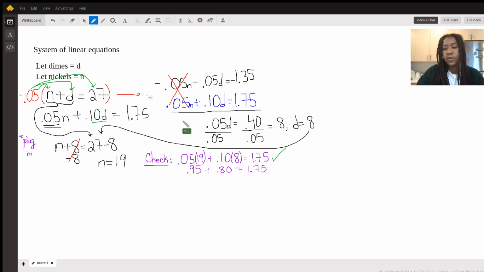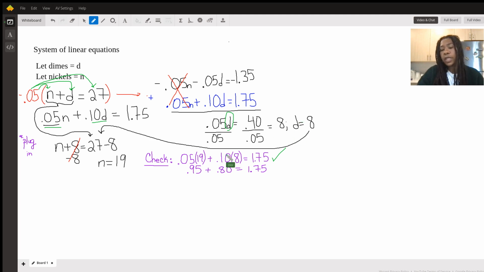So this cancels out, and then we're left with 0.05D is equal to 0.40, because when you do the math, negative 1.35 plus 1.75 is equal to 0.40. Then you still have to isolate this D here, so you divide both sides by 0.05, and that gets you 8.